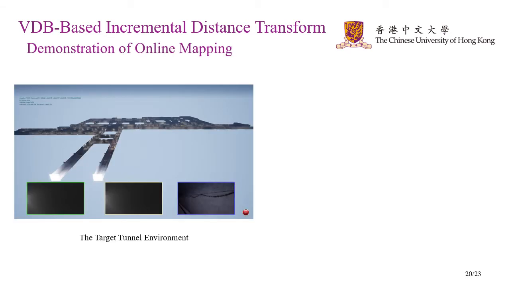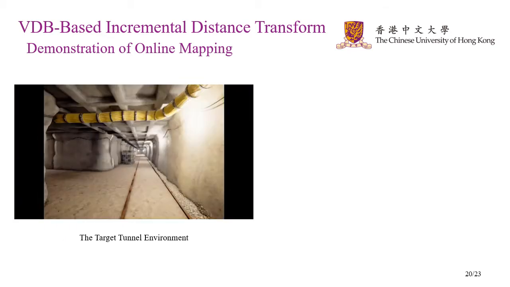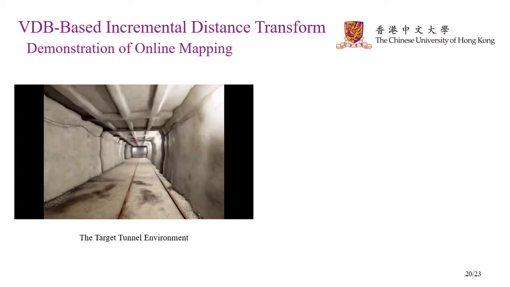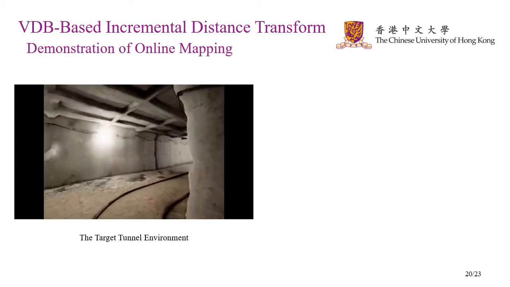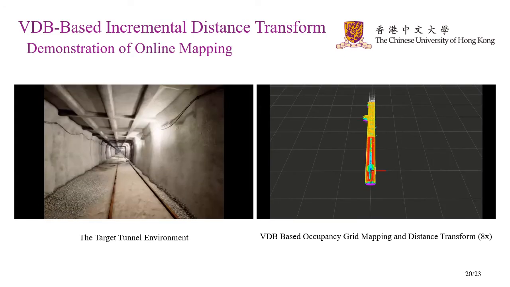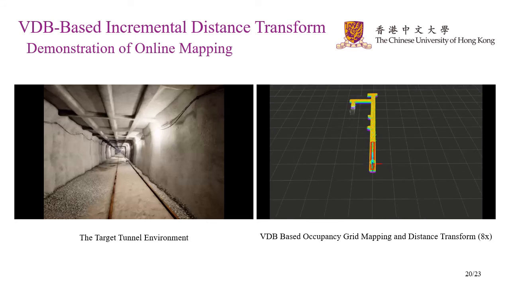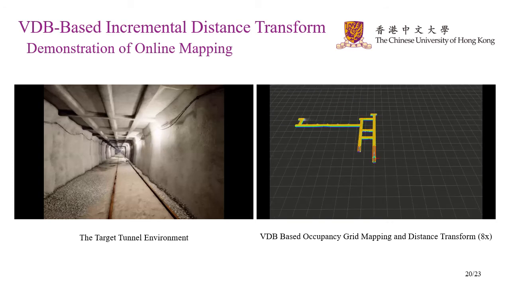Here we demonstrate a large-scale indoor mapping process. This is an internal environment. This is a 3D occupancy grid map. This is a slice of the distance map. In 3D case, the distance map is also in 3D dimension.